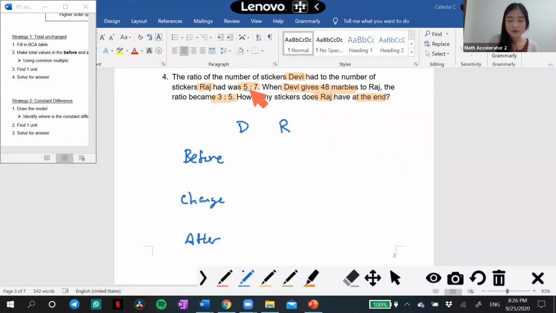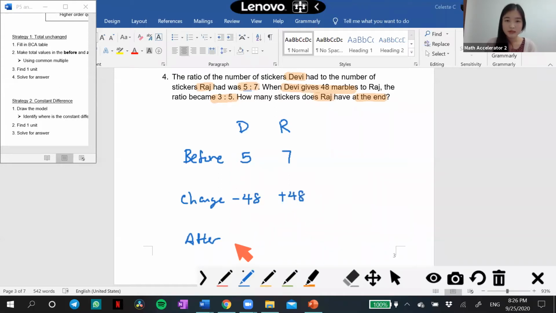Right, fill it in. 5:7 is the ratio at the beginning. Devi gives 48. So if she gives, that means she minus 48. Raj receives. So add 48.